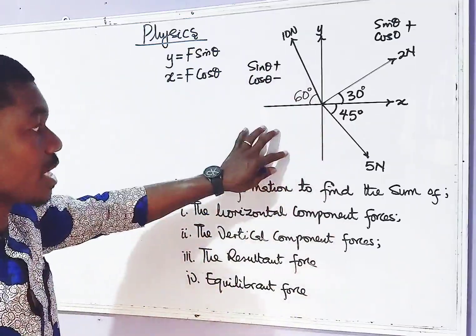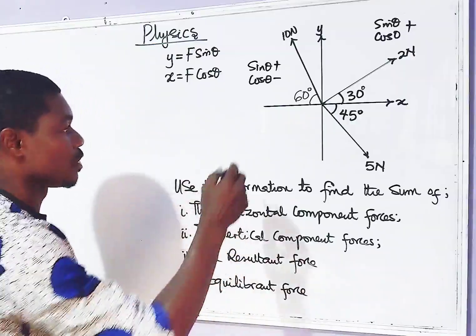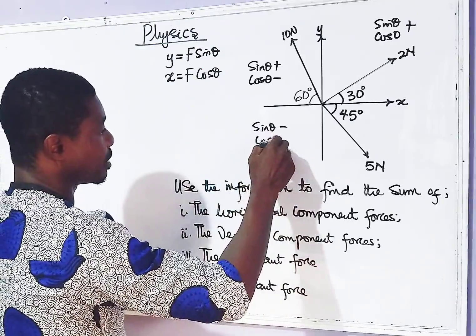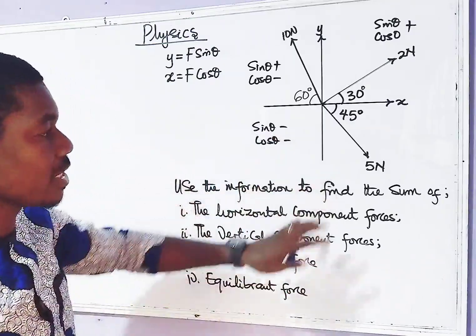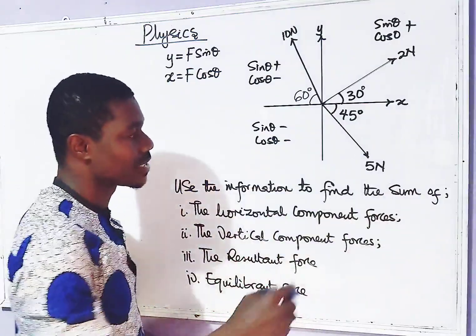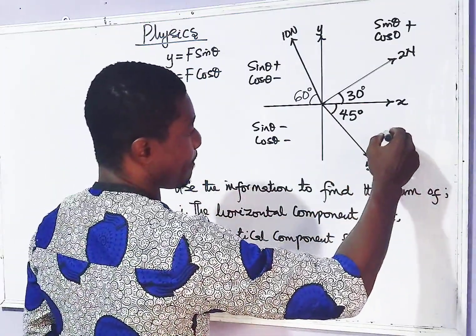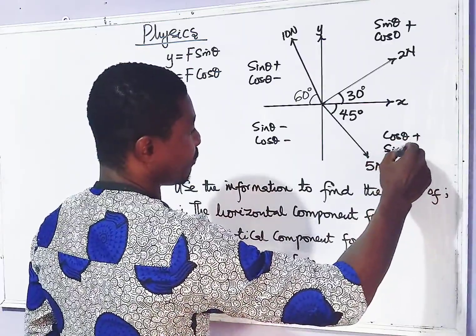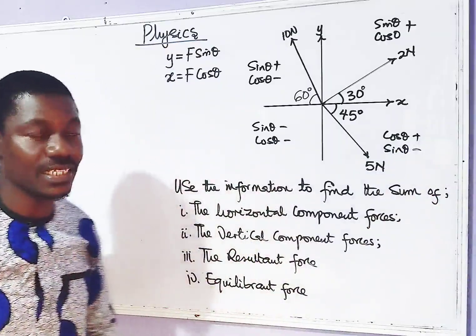For this quadrant here, both of them are negative, so we have sine theta negative and cos theta negative. While in this quadrant here, cos theta is positive while sine theta is negative.